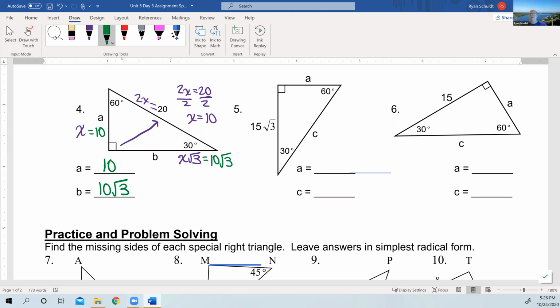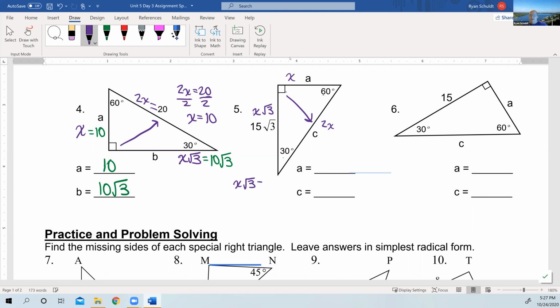Number 5. What kind is it? 30, 60, 90. Okay. Label your sides. That side's 2x. My short side is x. My long leg is x square roots of 3. So take the side you know and make an equation with it.